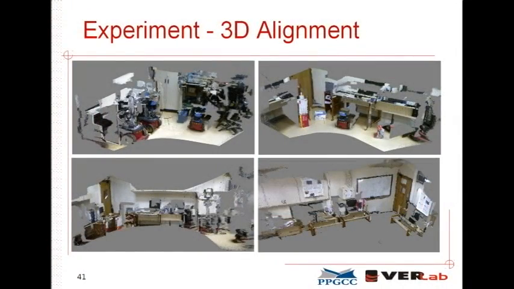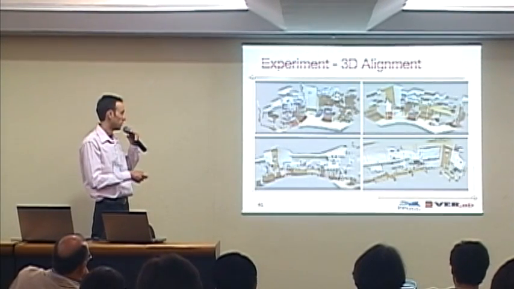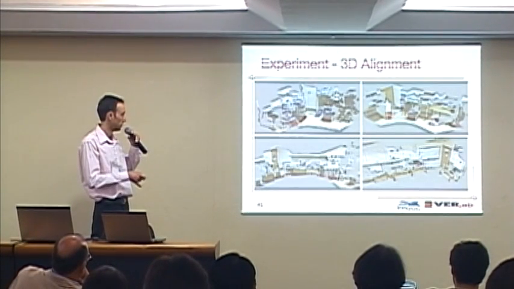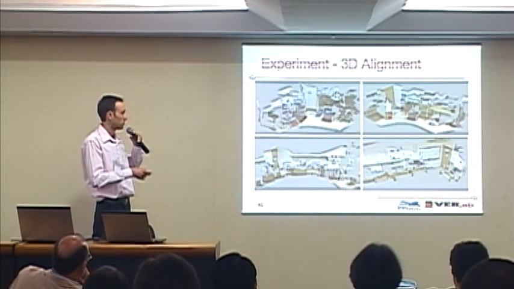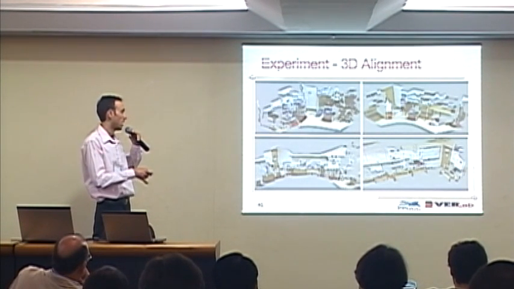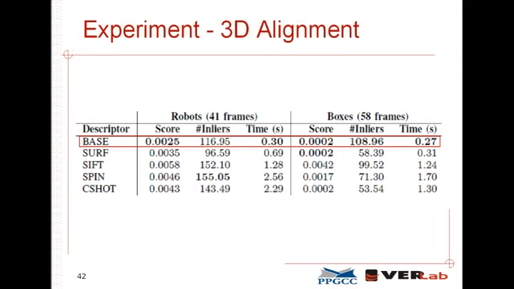So here are our 4 sequences: a sequence with objects with the same texture and geometry, different objects, another one of 180 degrees, and another with several regions with just one color, for example.